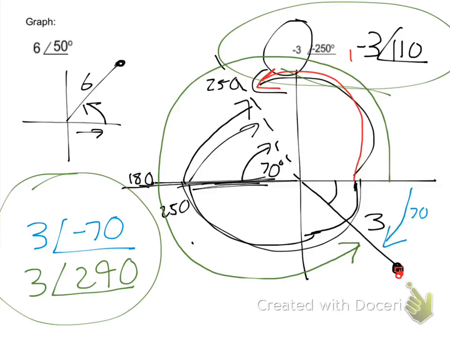Because if I go another 360 degrees to any of these, I will have to pass that point to get back to it, right? So we stated all 4, the 4 within negative 360 to positive 360. All of these have that option.